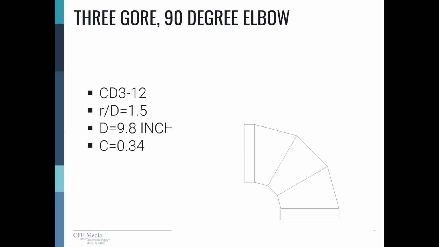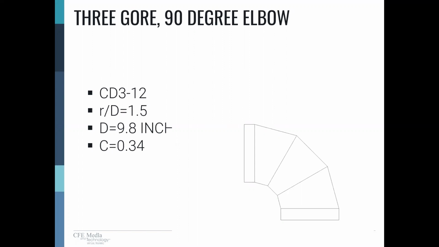They had many gored elbows. I chose the 3-gore 90-degree elbow. They have 4-gore, 5-gore, 6-gore. They're all, in essence, round ducts that are sectionalized. So they have little flattened areas. This falls under the category of ASHRAE CD3-12.